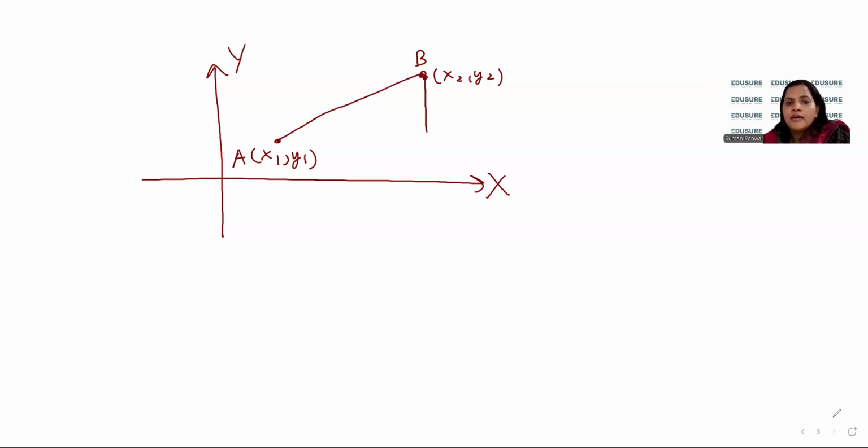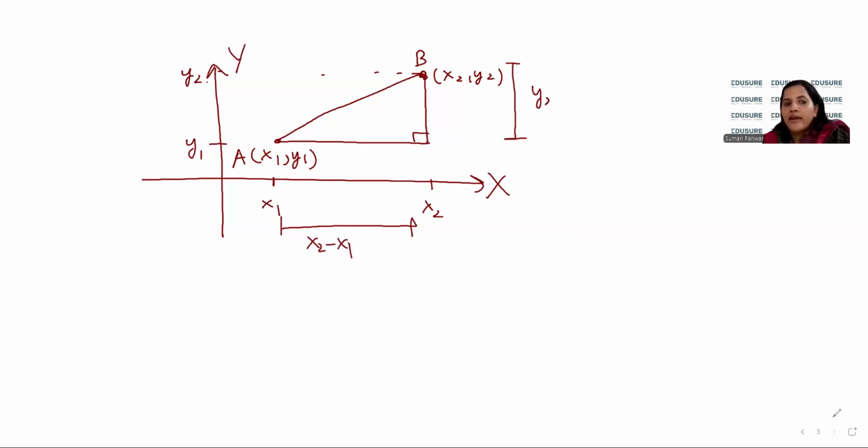Now this point is x1, this point is x2, this point is y1, and the point corresponding to this is over here y2. If we look at this length, this is going to be x2 minus x1. If we look at this length, this is going to be y2 minus y1. This entire thing is y2 and this thing is y1. So y2 minus y1 is this length. This entire thing is x2 and this thing is x1. So the difference is x2 minus x1.